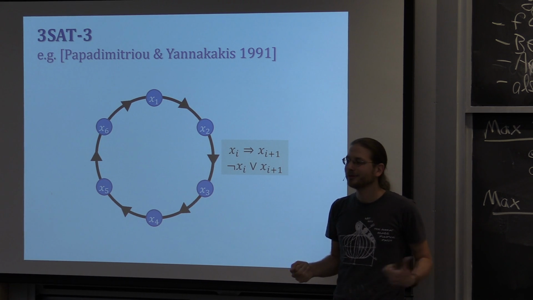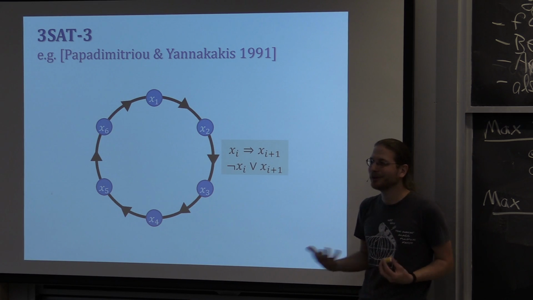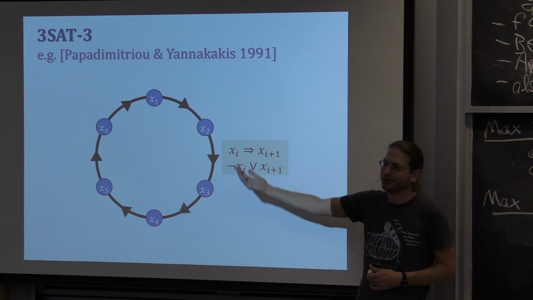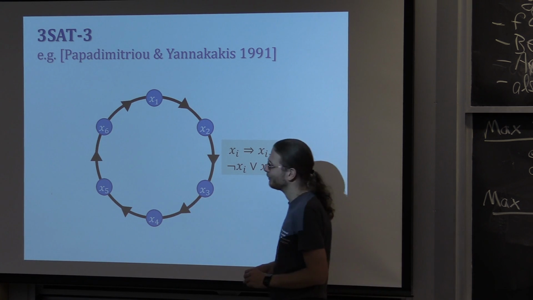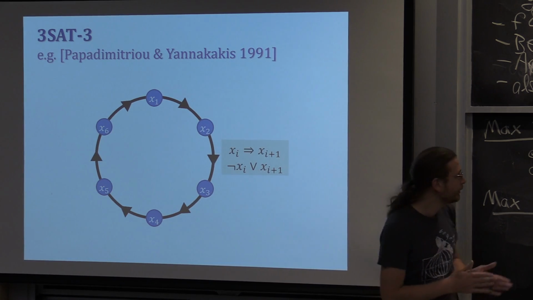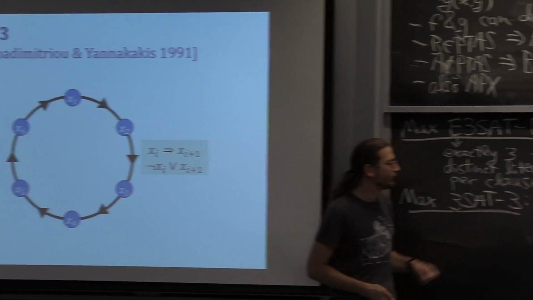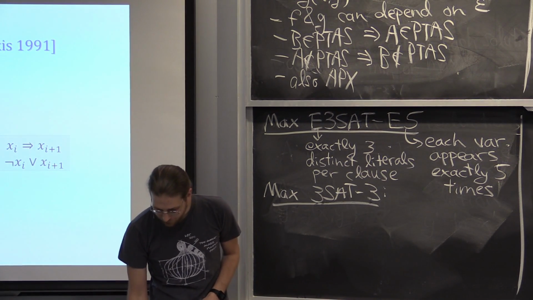Oh, okay. I see what you're saying. Yeah, if you wanted to make k and n different, you could just add a bunch of things that are unsatisfiable, or lots of ways to change how many there are. Yeah. Okay. Nonetheless, we can prove max 3SAT3 is hard with an L-reduction from 3SAT.